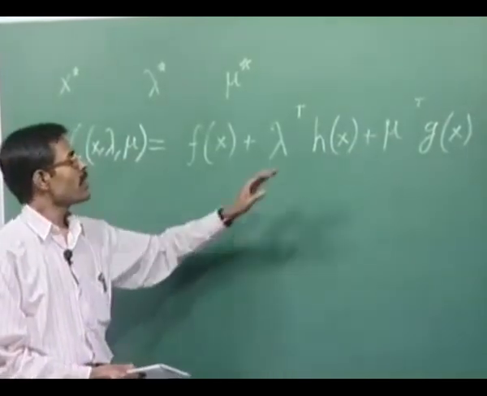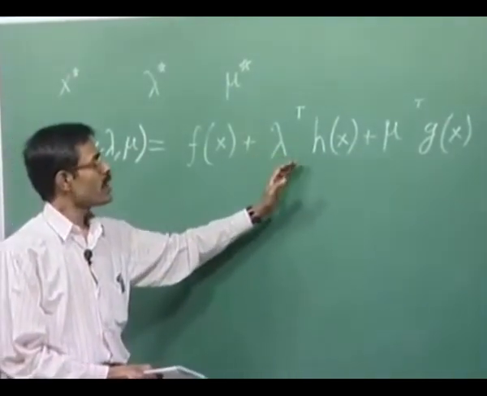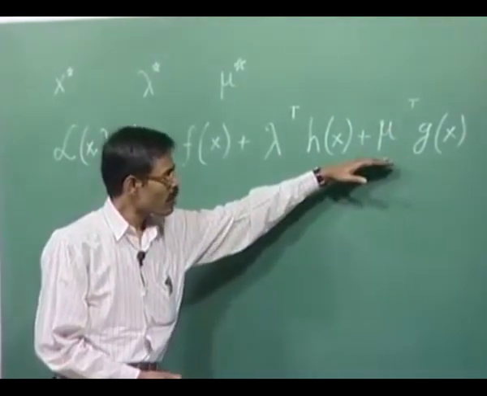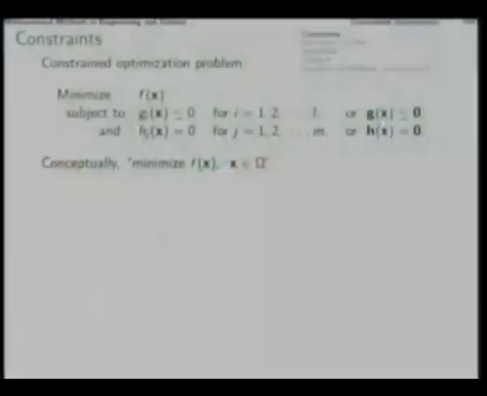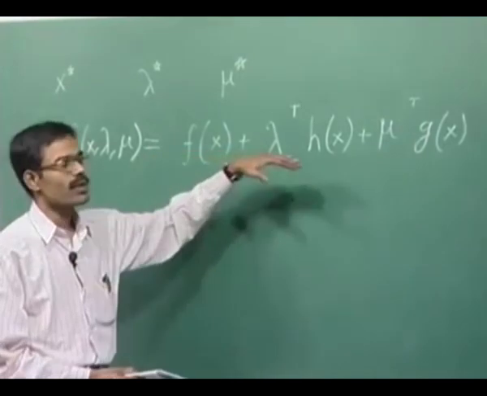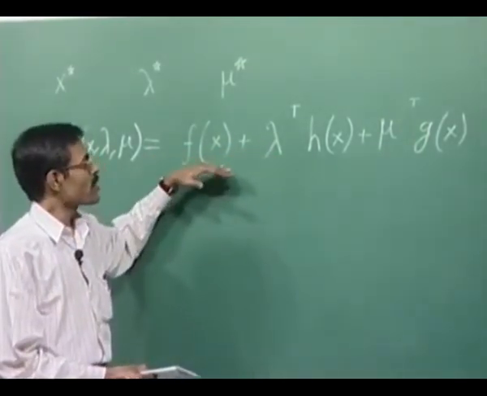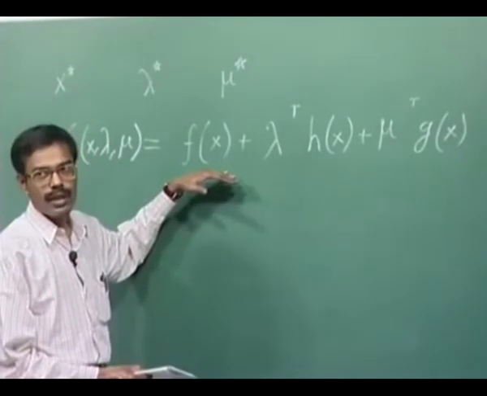On the other hand, if we give somewhat different values of lambda and mu, then at the end of the solution process, as the solution of minimization of this function, we will get a point x star which is not the correct x star.